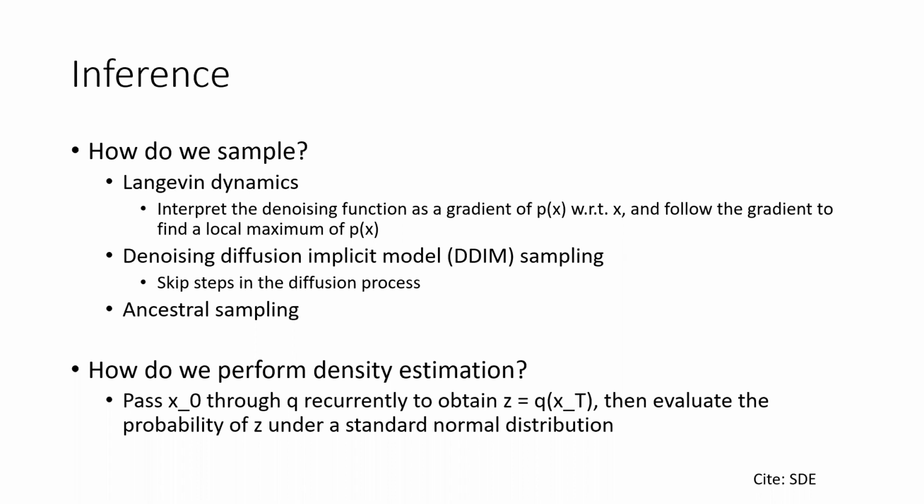We can also perform density estimation. How do we do that? Well, we take a sample x0 from our data distribution, and we just pass it through Q to obtain a corresponding z vector and evaluate the probability of that z vector under a standard normal.